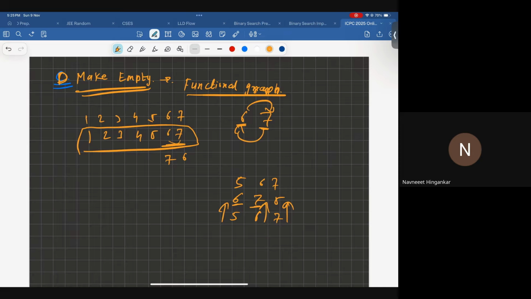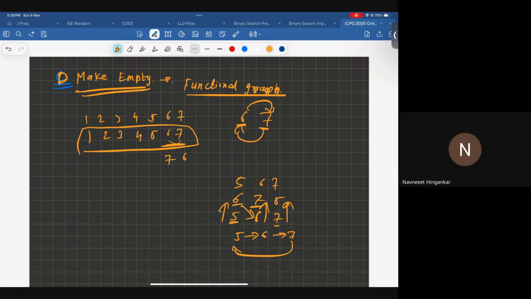So if I want to sort my permutation, I could just rotate that cycle, right? So 5 6 7 and 5, I just need to rotate this cycle. In other words, you can see it as what was the correct position, and you keep moving towards the correct position, right? Like 6's correct position was the 6th index, so you move 6 towards 6. Now 7's correct position was the 7th index, you move 7 towards 7, something like that.